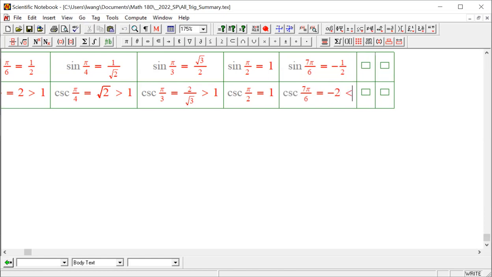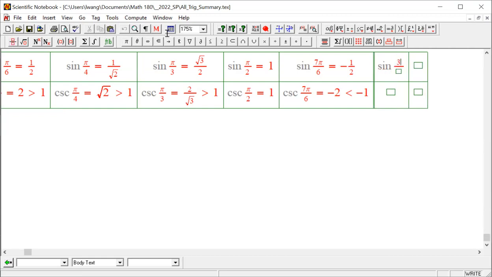That's smaller than negative 1. Sine of 3 pi over 2 equals negative 1, and cosecant of 3 pi over 2 is also going to be negative 1. So you keep going.